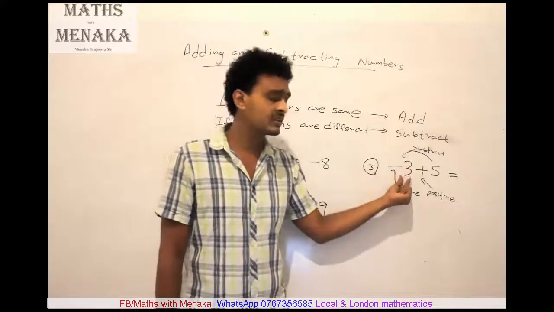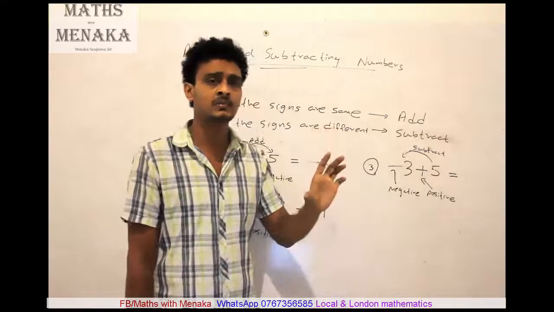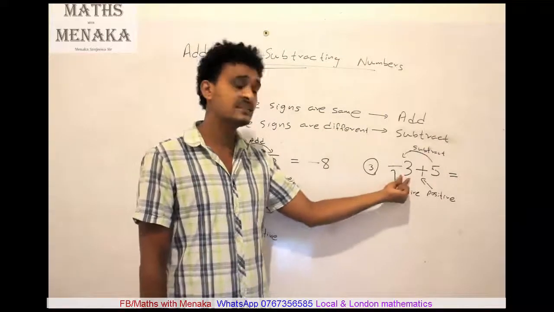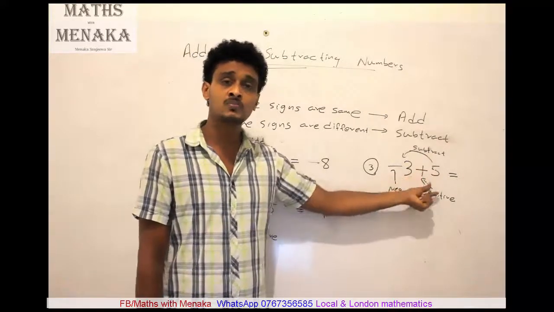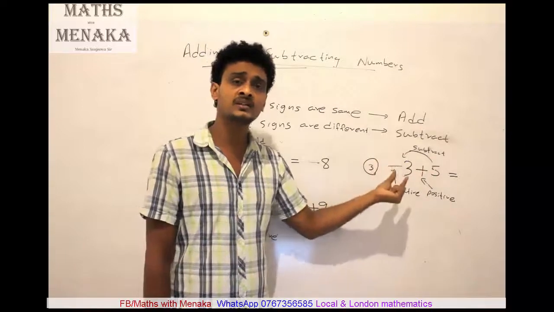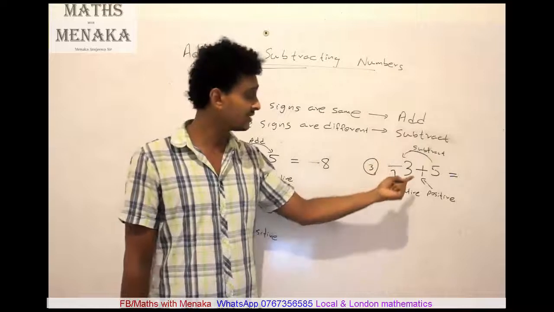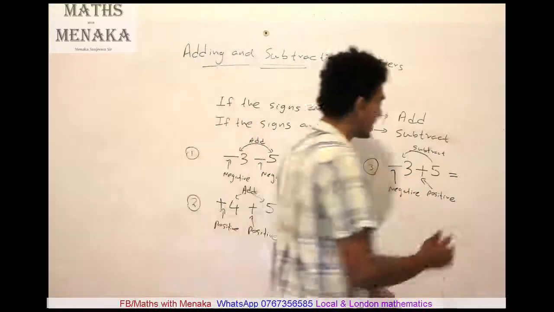You have to subtract a smaller number from the larger number. Here we are considering the size of the number, the magnitude of the number without considering sign. The number here is 3, the number here is 5. So 5 is bigger than 3, so you have to subtract 3 from 5. We cannot subtract 5 from 3. When you subtract 3 from 5, the answer is 2.